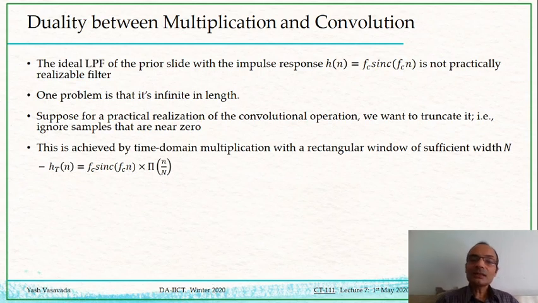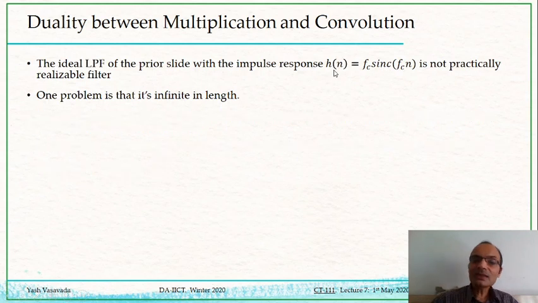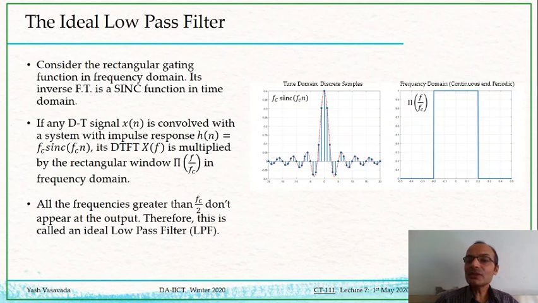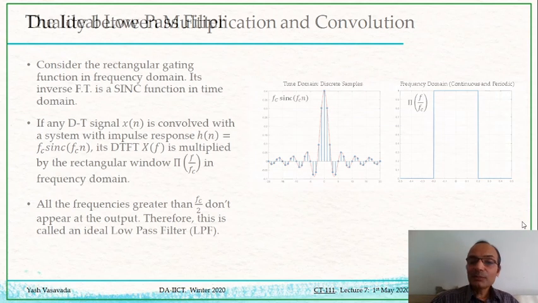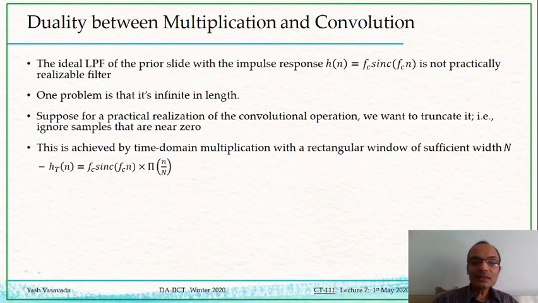The question is that this sinc function is the ideal filter, and it is the ideal filter which has this nice rectangular window which I want in the frequency domain. The practical filter is this h capital T of n, or h capital N of n. But that is not exactly the sinc function.